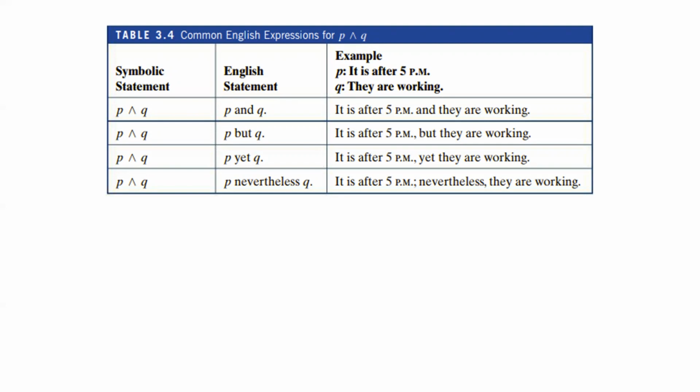So that's the idea: if we're going to see these compound statements with the upside down V, or and if-then, that doesn't mean there's only one way we can represent things. There are a lot of different ways to say these things.